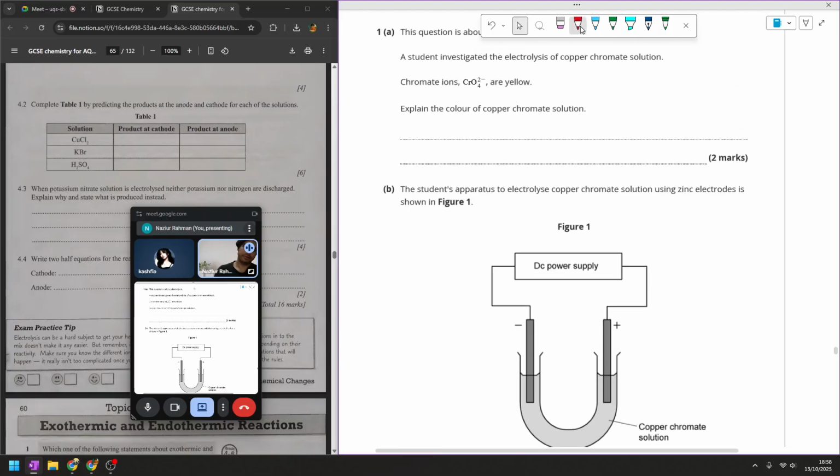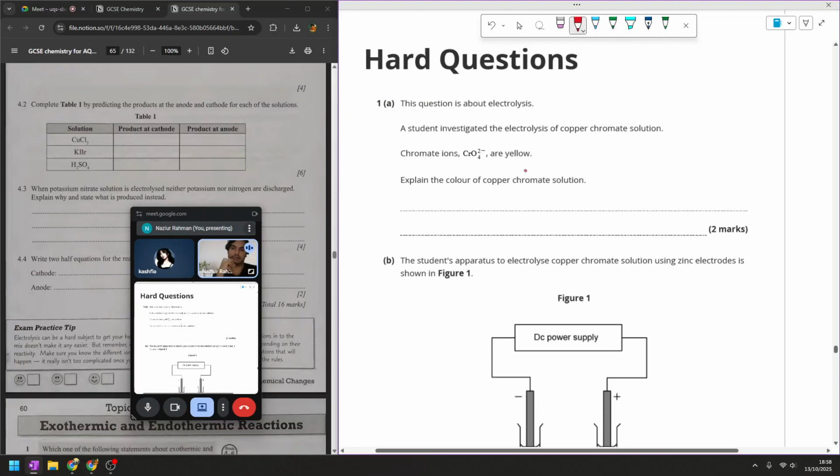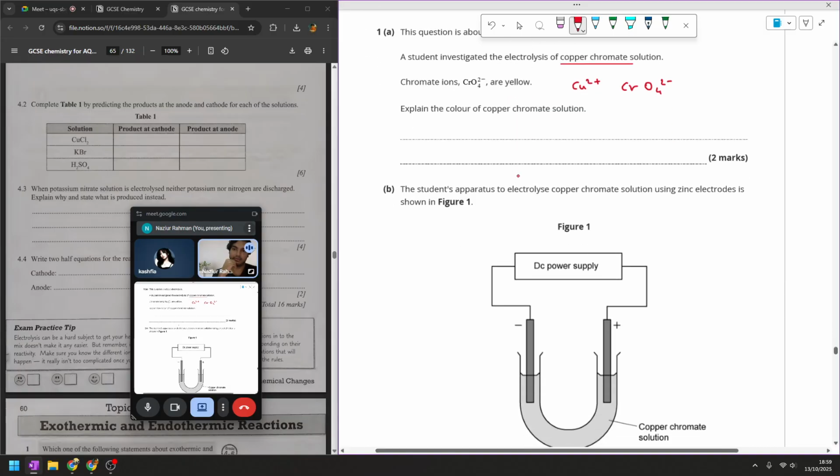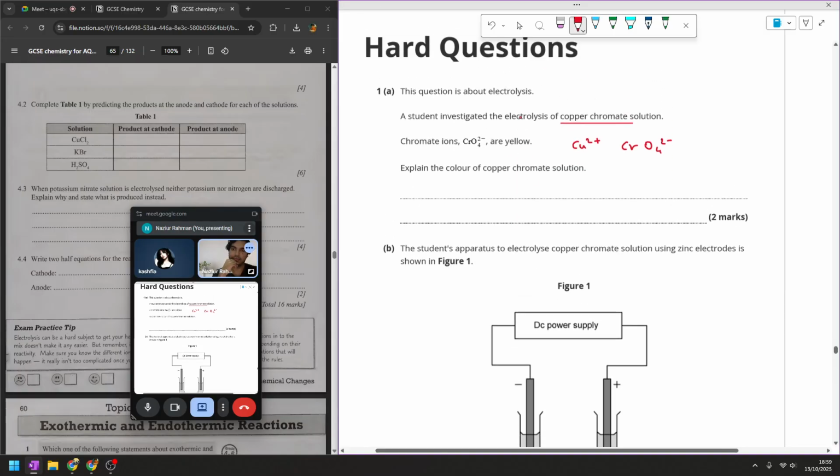Okay, so over here, this question is about electrolysis. This one investigated the electrolysis of copper chromate. So chromate ions are yellow. On one side you have copper ions, on the other side you have chromate ions, CrO4 2-. Explain the color of the copper chromate solution.